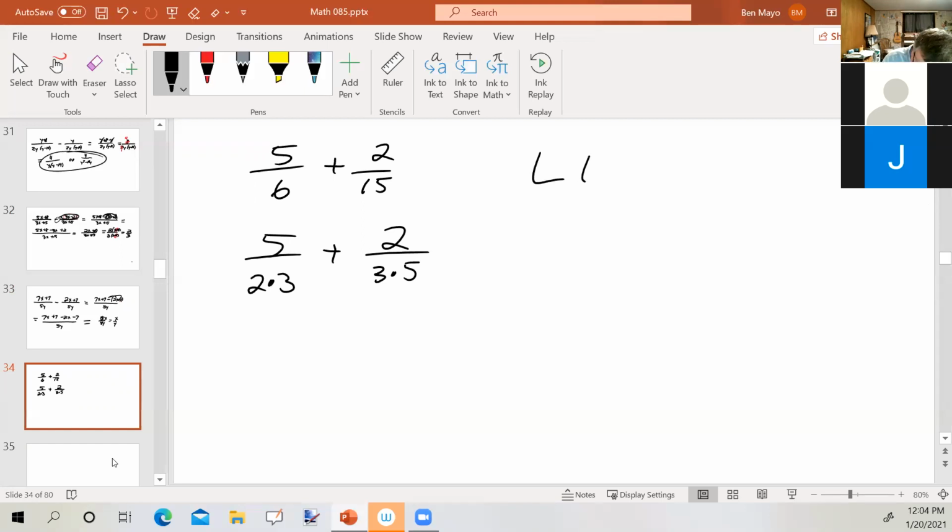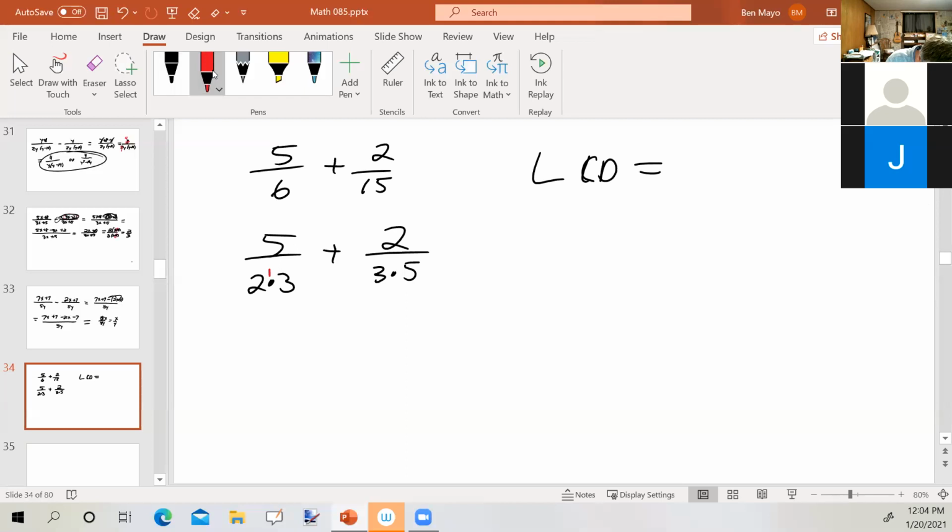Okay. The least common denominator is going to be the product of the highest power of each different prime factor within all the denominators. Now, I have 2 to the first power, 3 to the first power, 3 to the first power, and 5 to the first power.